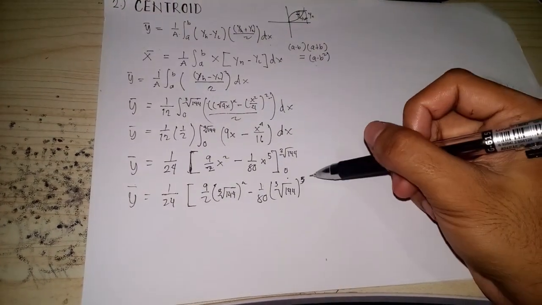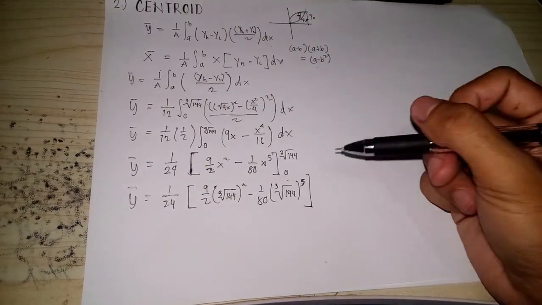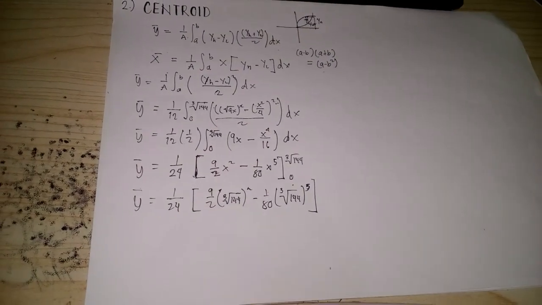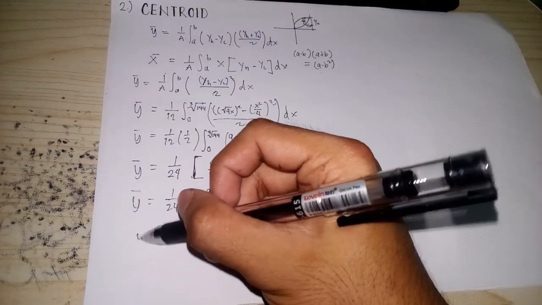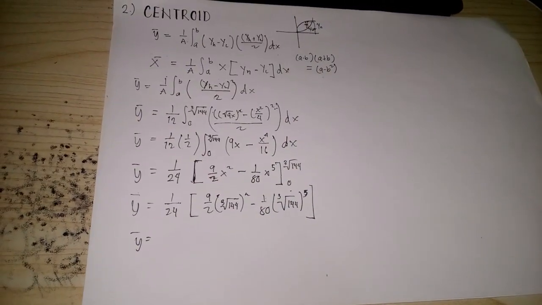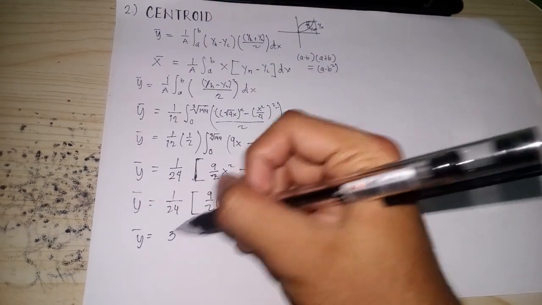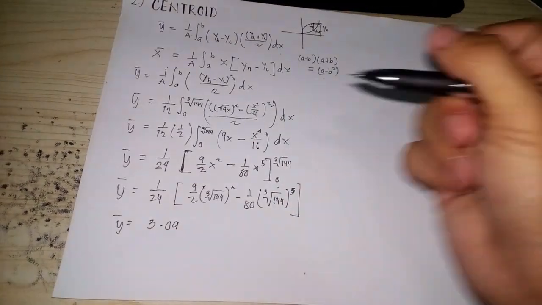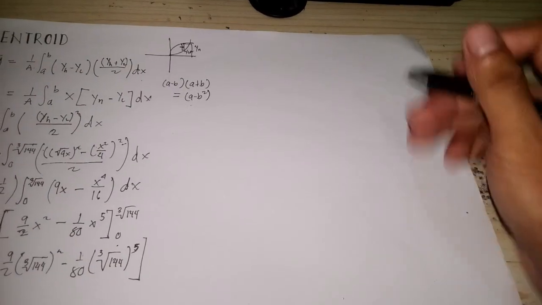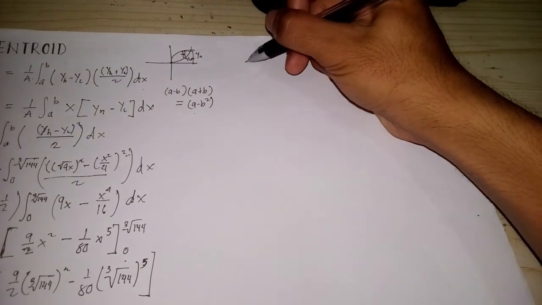It's raised to 5, right? Then we don't need to put 0, since it is already a given thing. So bar y will now become what? Bar y is 3.09. So now we've already solved bar y. Now let's move on to bar x.